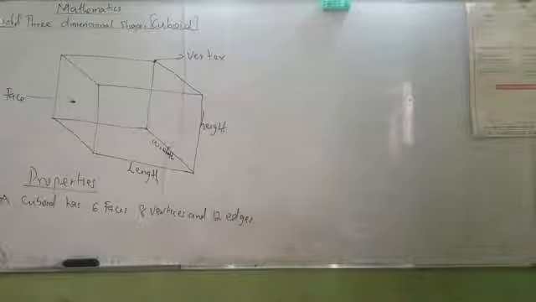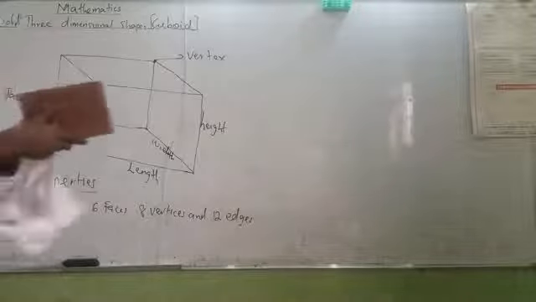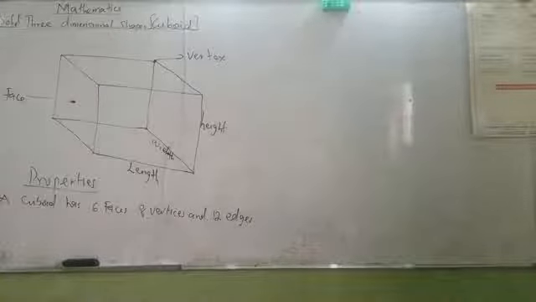First edge, 1, 2, 3, 4, 5, 6, 7, 8, 9, 10, 11, 12. 12 edges. I think I've explained that.